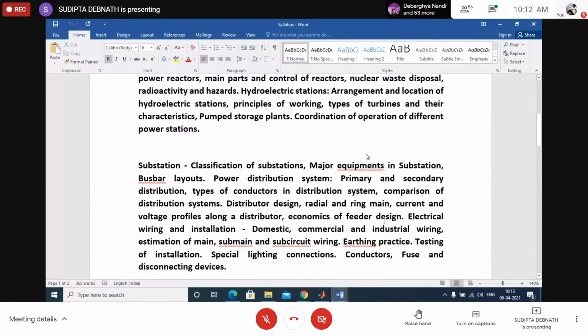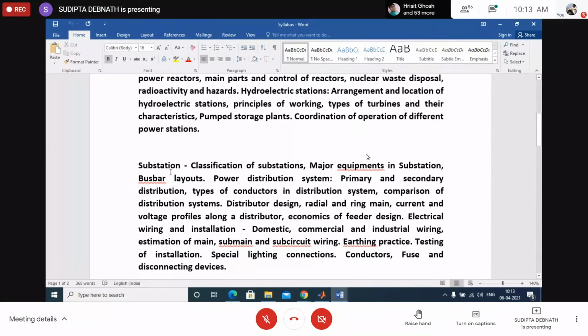The last part remaining is electric wiring and installation, which we'll discuss in the next class. Then we have earthing practice, testing of installation, special lighting connections, conductors, fuse and disconnecting devices.